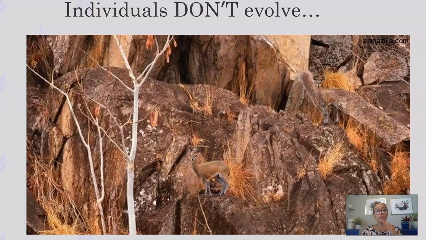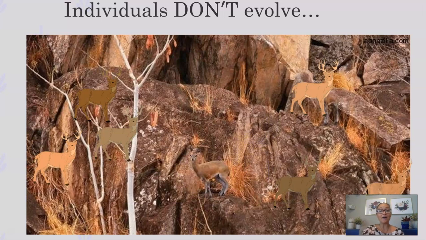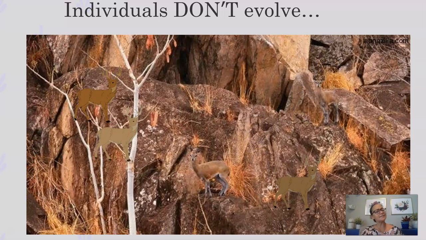So here, when we look at this, the individuals do not evolve, but rather it's the whole population that is changing over time. So when you look at this population of deer, some of them are going to have a low fitness, that maybe they don't camouflage, they can't escape the predators on the cliff sides, and you have fewer survivors.